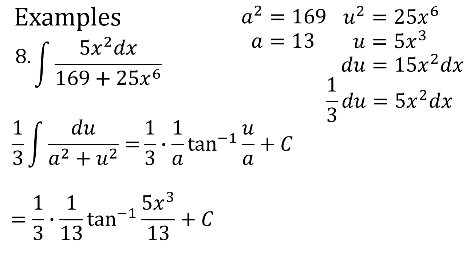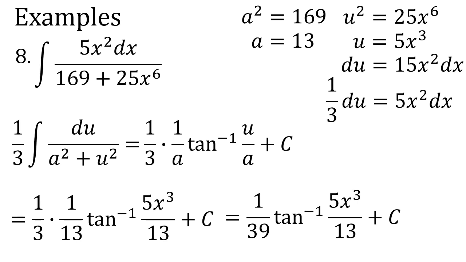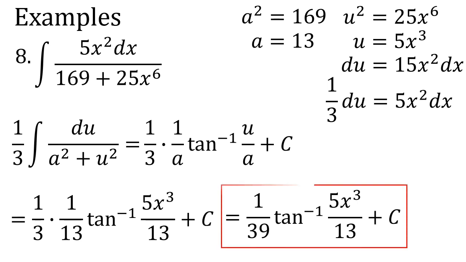So multiplying 1/3 and 1 over 13, we're going to have 1 over 39. So our answer will be 1 over 39 arctangent 5x cubed over 13 plus c. Okay, since this is more simplified, let's just choose this as our final answer.